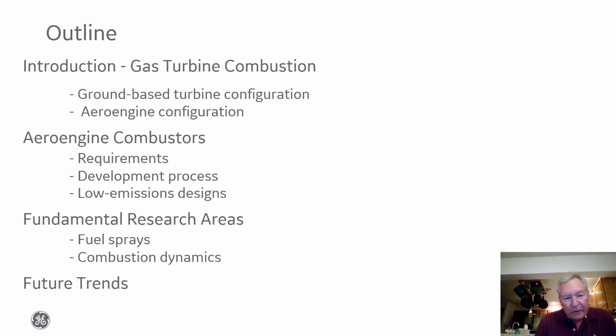I'll go through requirements, what our development process typically would entail, and then I'll talk a little bit about low emissions designs and typical configurations or strategies that have been taken in order to produce low emissions combustion systems.